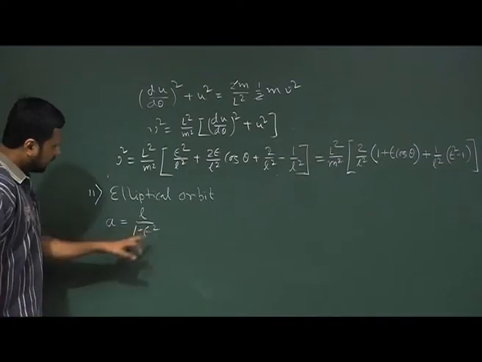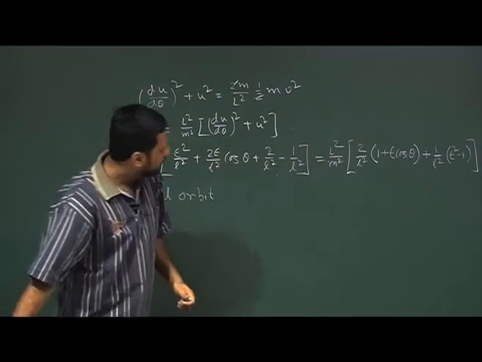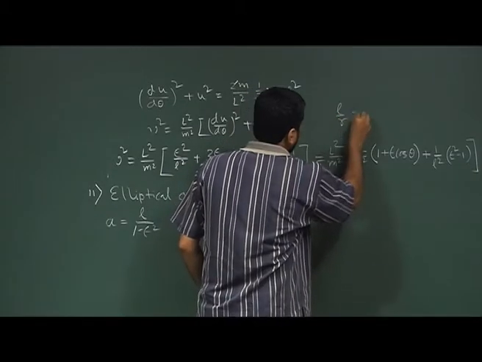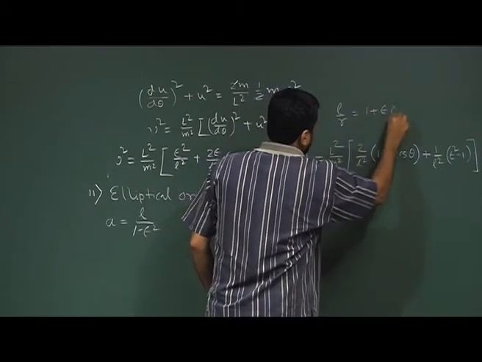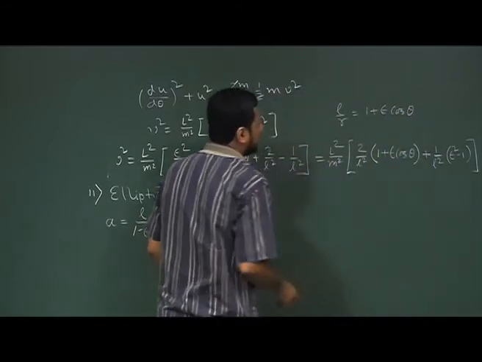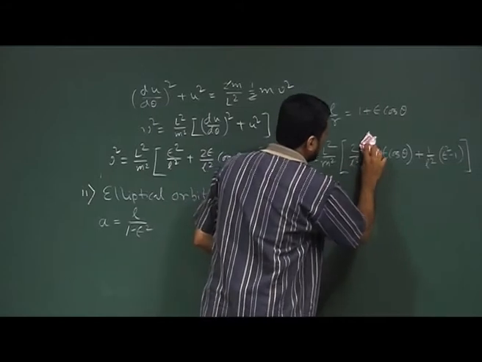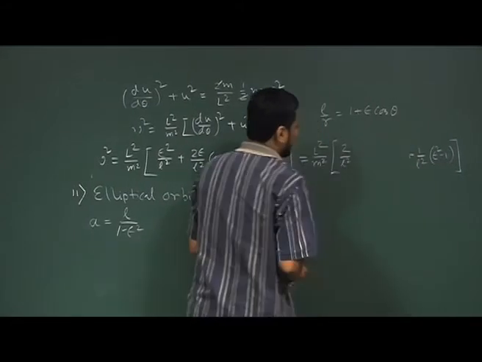Now from the first bracket, recall that L by r is equal to 1 plus epsilon cos theta, so we can substitute L by r for 1 plus epsilon cos theta.